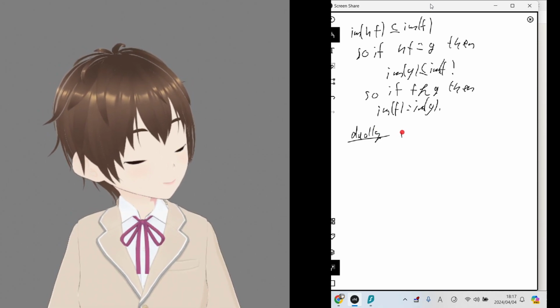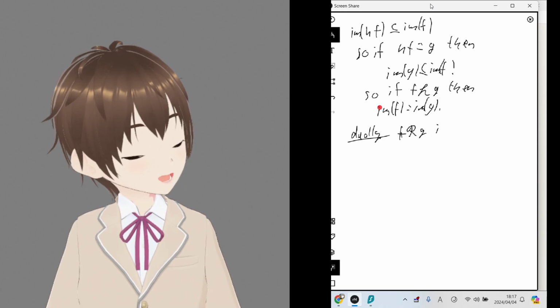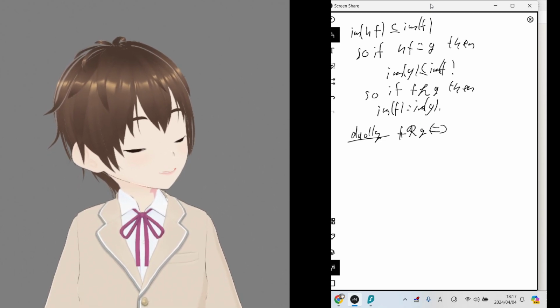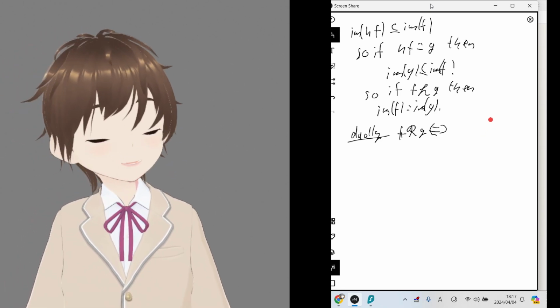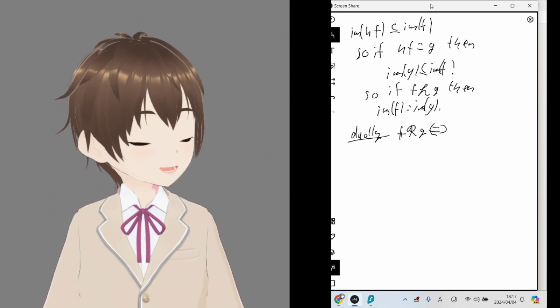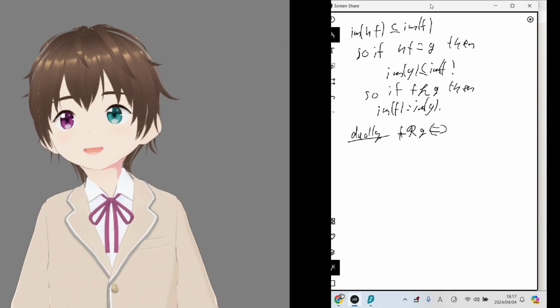F is R related to G if and only if they correspond to the same quotient of X. And what's the quotient of X? It's the kernel of F and G, where kernel here means the equivalence relation which relates things if they have the same image.